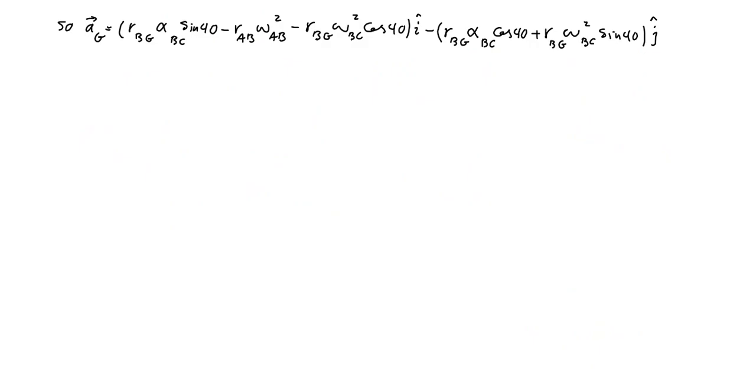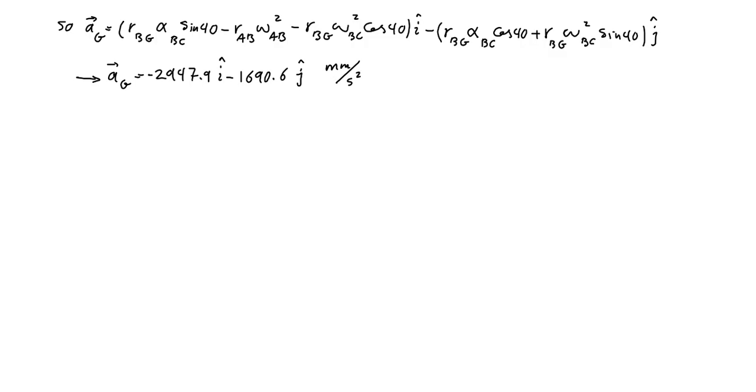So if you plug them in, you'll get AG as, I have it here, minus 2,947.9 I minus 1690.6 J millimeter per second squared.